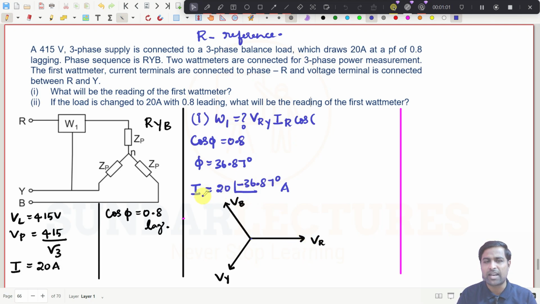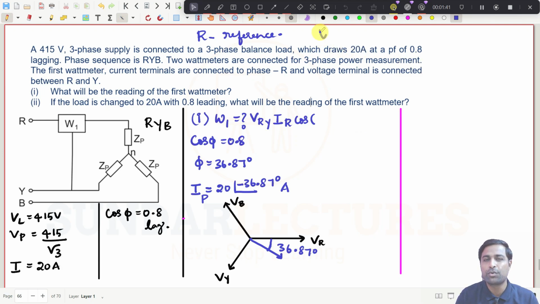This is the phase current, and generally the same applies for VR, VY, VB: the same angle, it lags by 36.87. For I_R, this is 20 amperes, and this angle is lagging, which is why I am drawing it here. If it were leading, I would have drawn it on the other side. You have to understand those kinds of things. 36.87 degree. And what we need next is V_RY.